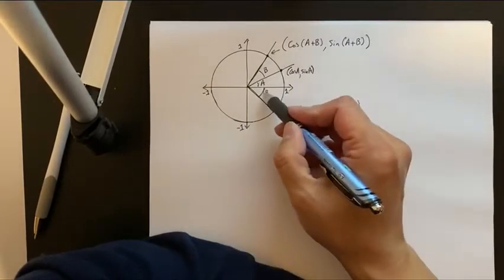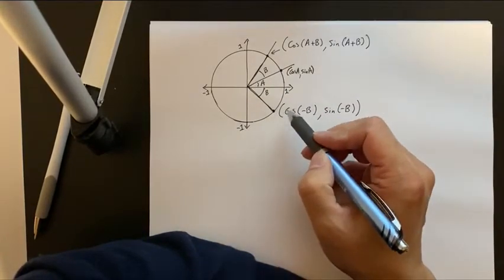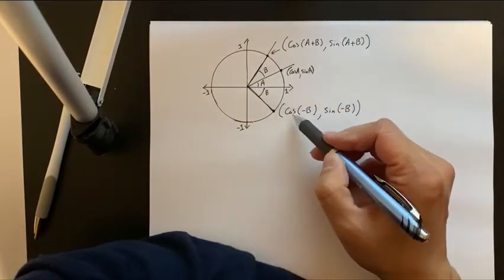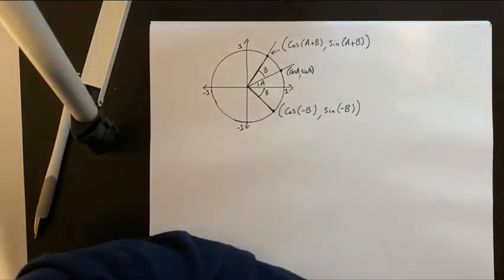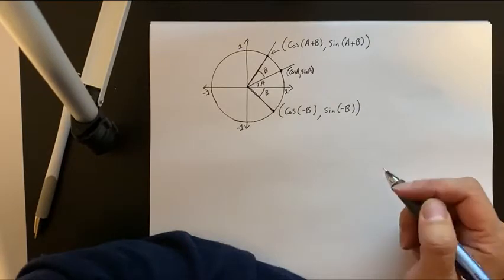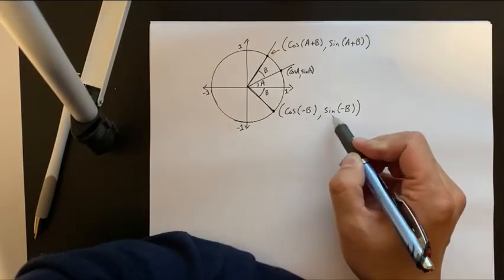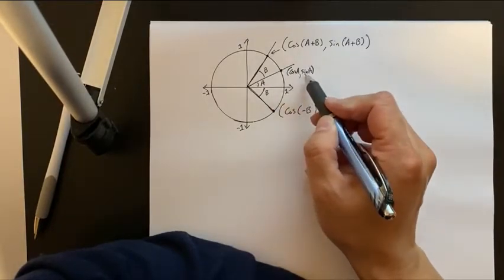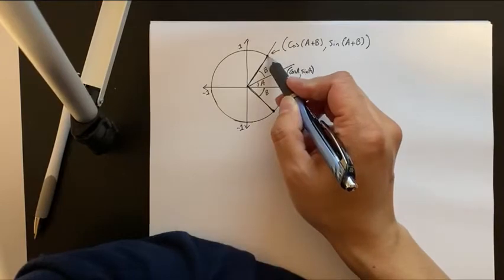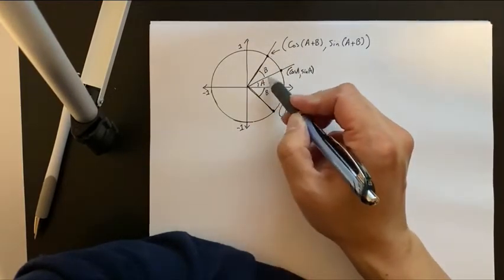Even though this angle is a positive B angle, in reference to the initial side, cosine and sine would actually call out the negative B. So this point is cosine negative B, sine negative B. This point is cosine A, sine A. And this point up here is going to be cosine A plus B and sine A plus B.